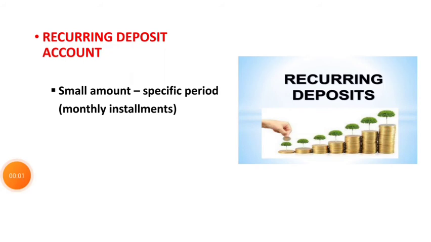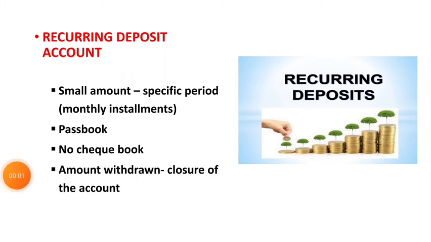The number of monthly installments may be 12, 24, 36, and so on depending on the need of the depositor. A passbook is issued to the depositor showing the installments deposited by him from time to time. There is no checkbook as he can't withdraw money from this account. The amount can be withdrawn only on the closure of this account.